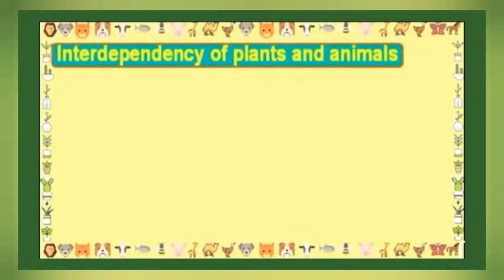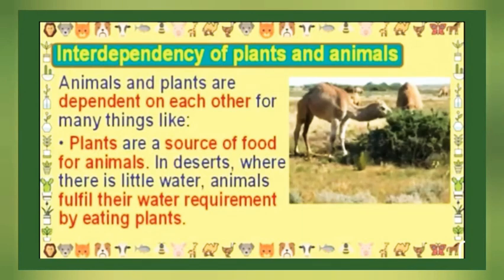Interdependency of plants and animals. Animals and plants are dependent on each other for many things. Plants are a source of food for animals. In deserts, where there is little water, animals fulfill their water requirement by eating plants.